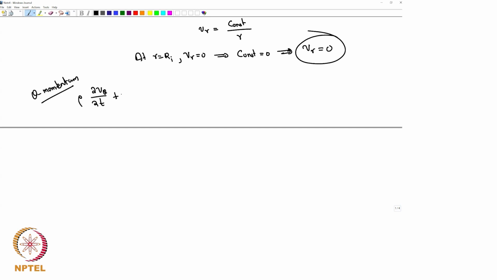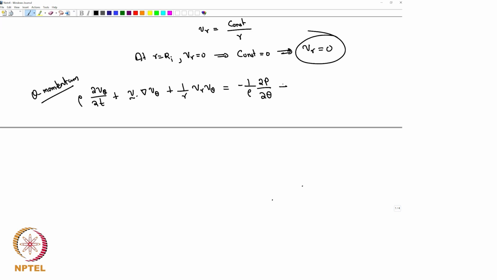We start by writing down the theta momentum equation: the unsteady term, which is rho into dou v theta by dou t, and then we have the convective term, which is v dot grad v theta plus 1 over r V r V theta. Again, you can look at this in any standard textbook.